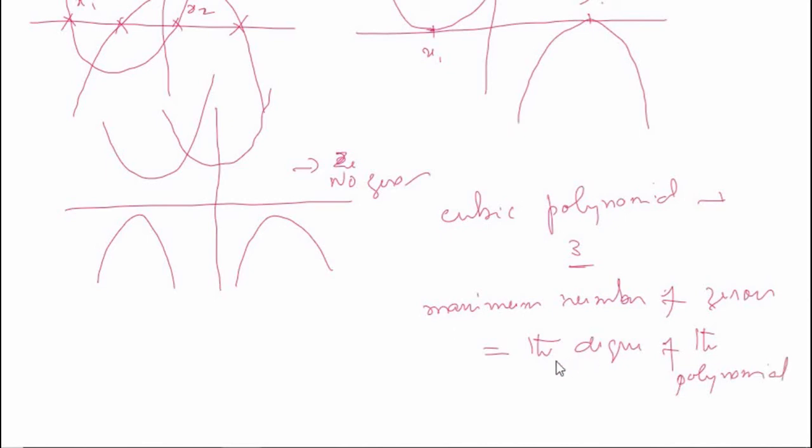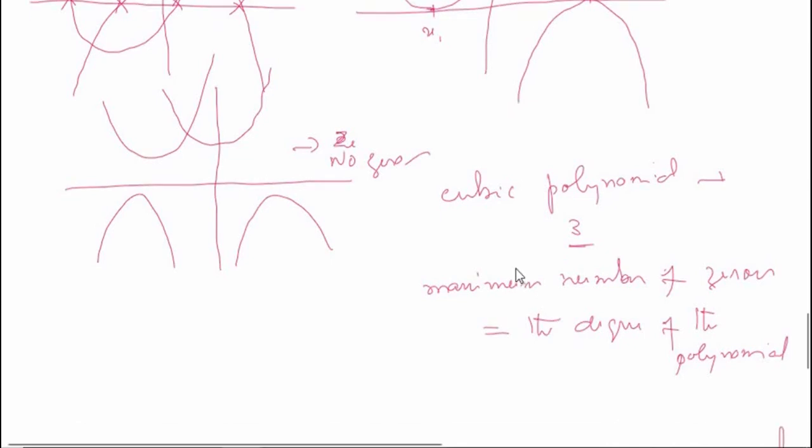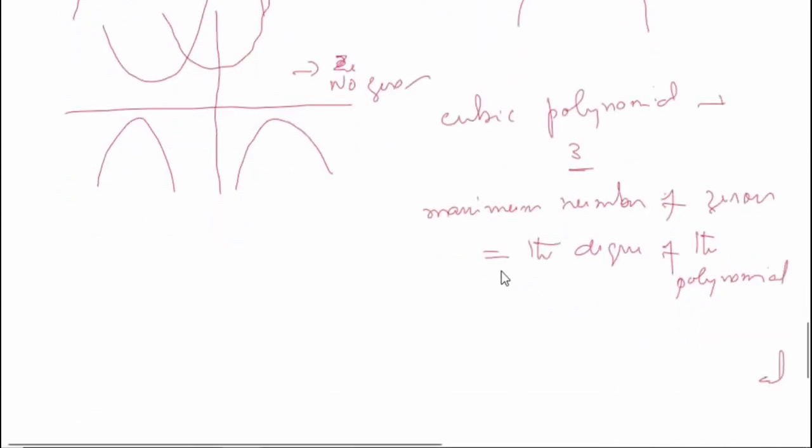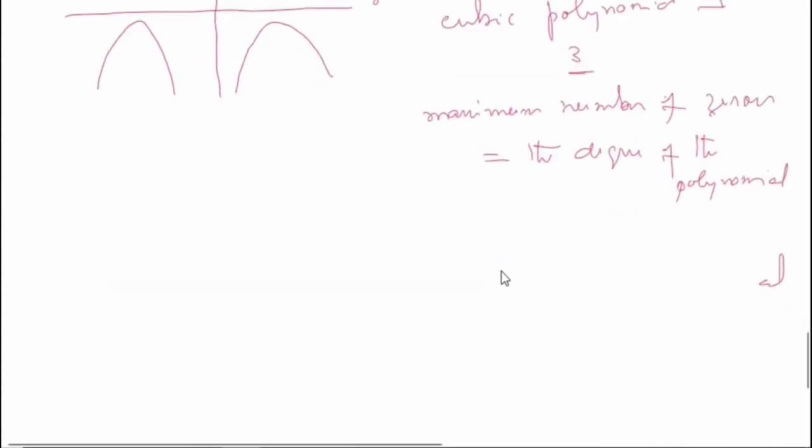If the polynomial is of degree 5, you can maximum have 5 zeros, but it doesn't mean that you need to have 5. You may not even have 1 zero.